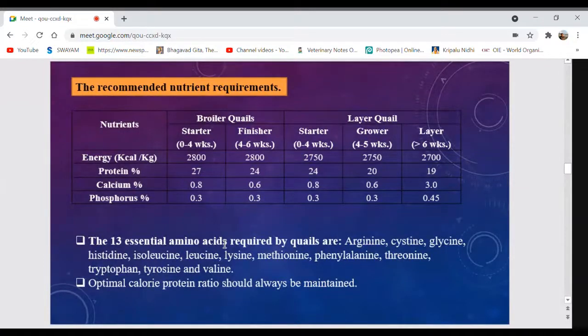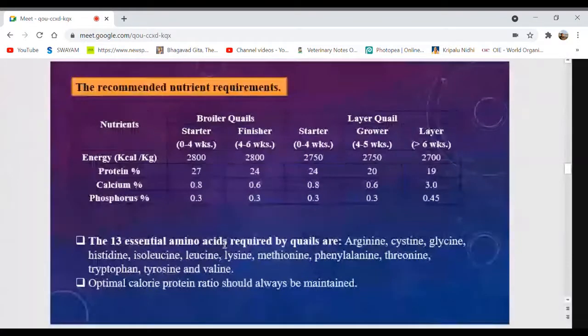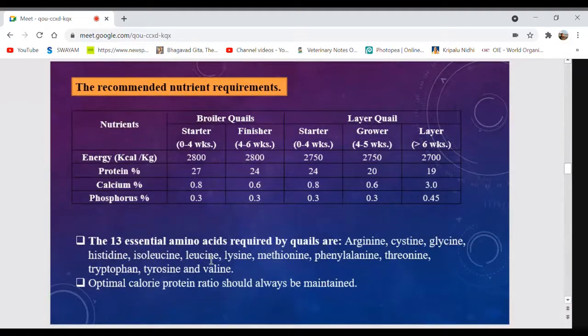Out of that, 6 will be limiting most of the time, or critical amino acids, and the 2 most limiting amino acids are lysine and methionine. But in case of Japanese quails, they need 13 essential amino acids. And they are arginine, cysteine, glycine. Glycine here also is required. Histidine, isoleucine, leucine, lysine, methionine, phenylalanine, threonine, tryptophan, tyrosine, and valine. Please remember the names, since it is somewhat different from the broilers and layers.